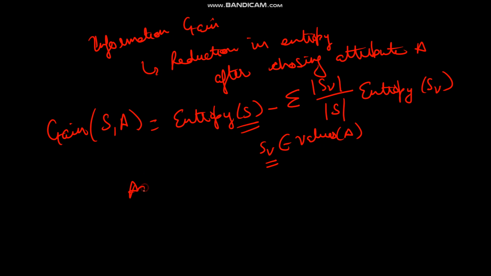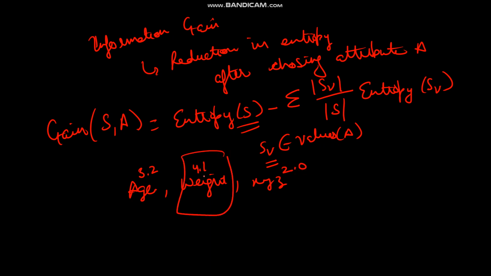Now suppose we have the attribute age, the attribute weight, and some other attribute, let us say xyz, and these have information gain 3.2, 4.1, and 2.0. So the information gain of weight is the highest. It means it will be chosen as the parent node, and based on that we have further separation. So this is how information gain plays its role in deciding these things.